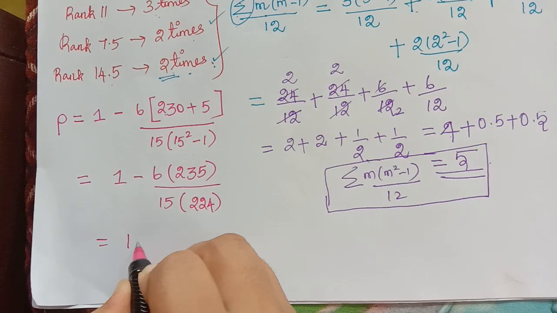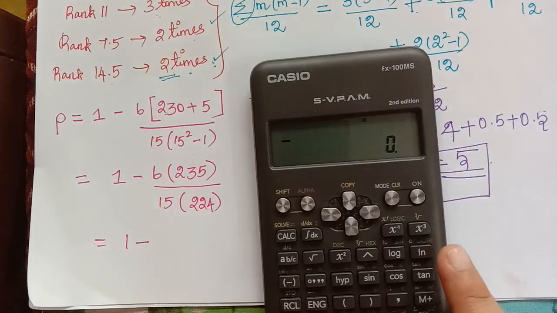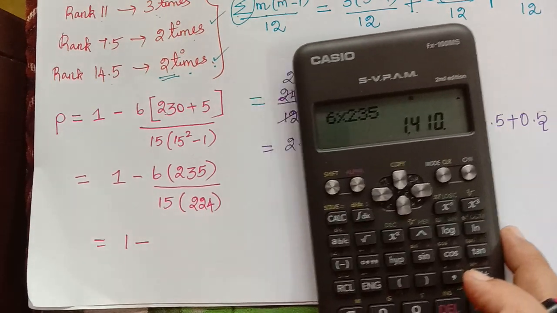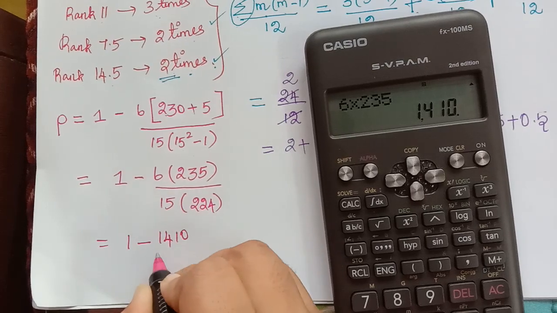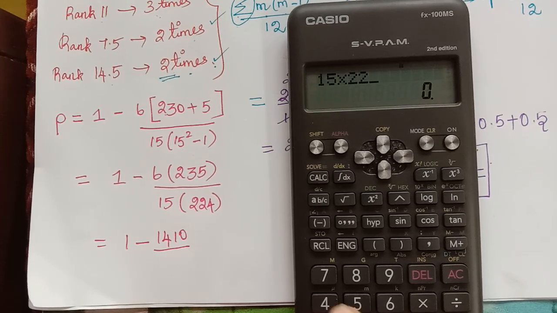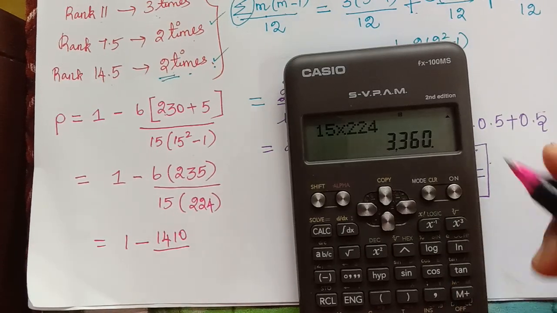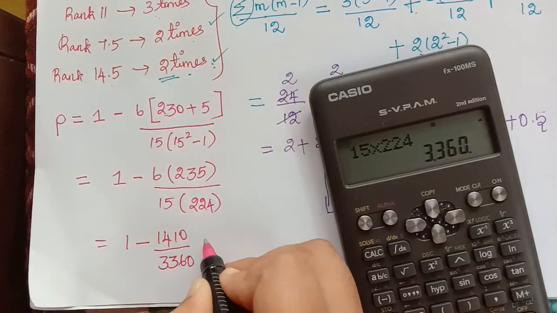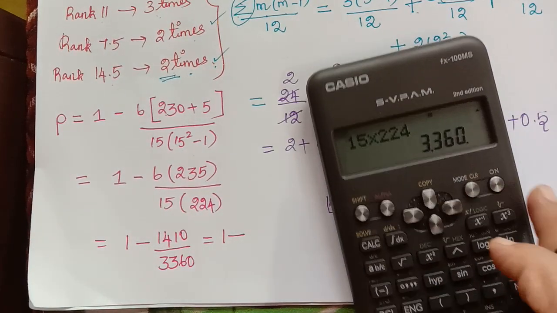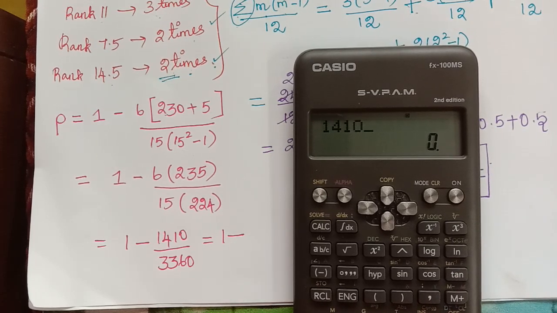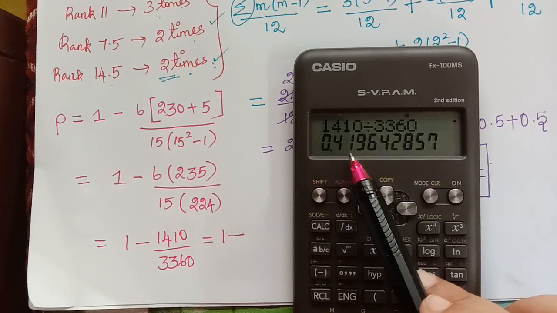So this will be equal to 1 minus, what is 6 multiplied with 235? It equals 1410. So 1410 divided by, here we have 15 multiplied with 224, which equals 3360. And so that's equal to 1 minus, so we shall do this division, 1410 divided by 3360, which equals 0.4196.